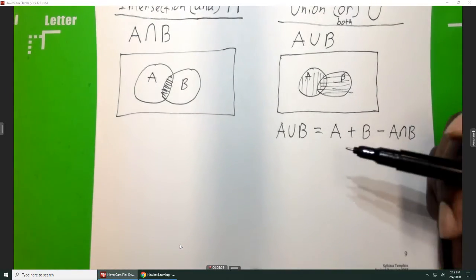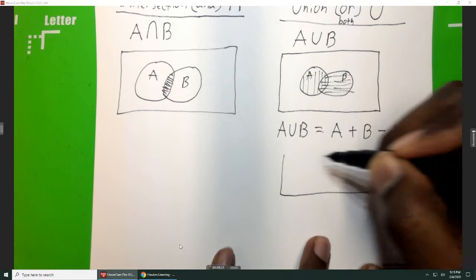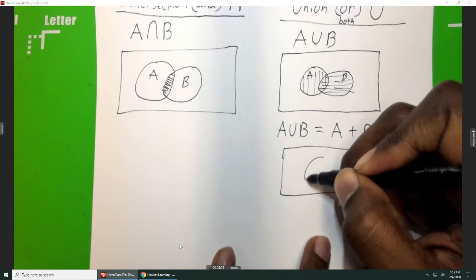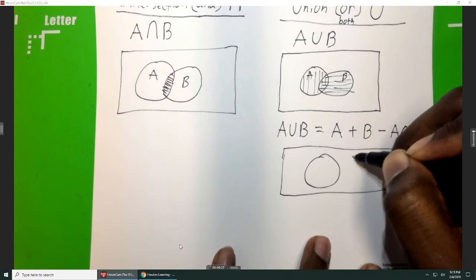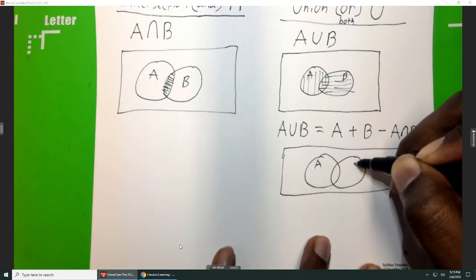Here's the way you want to think about this. I got this diagram, and you will see it more in word problems, but I'll just try to show you the illustration here.